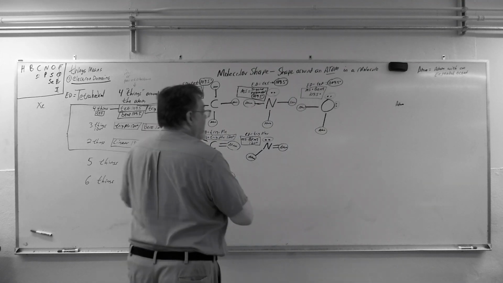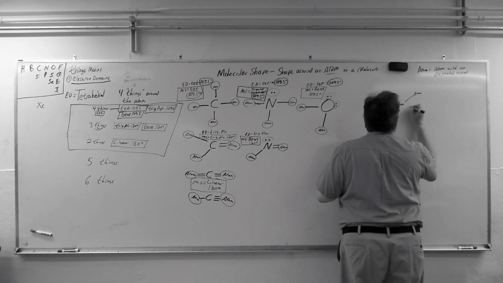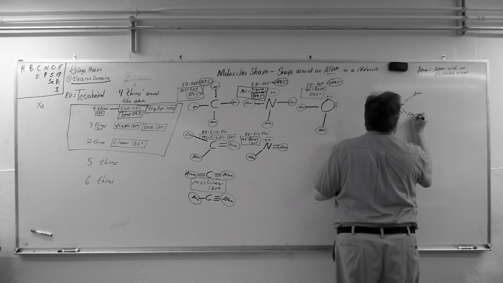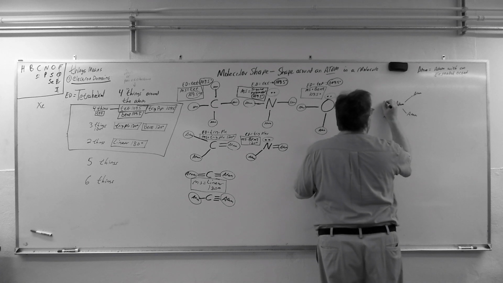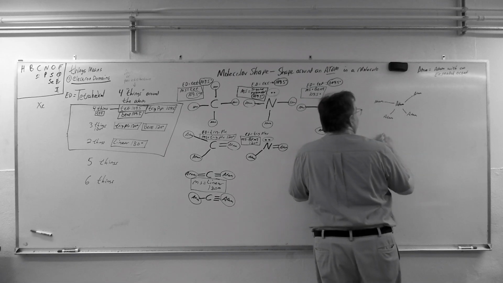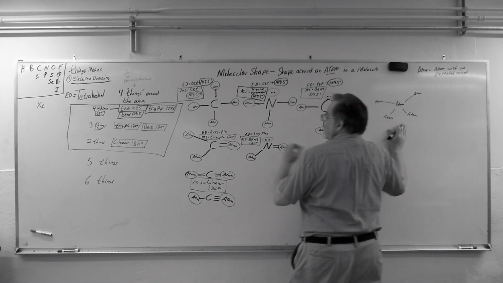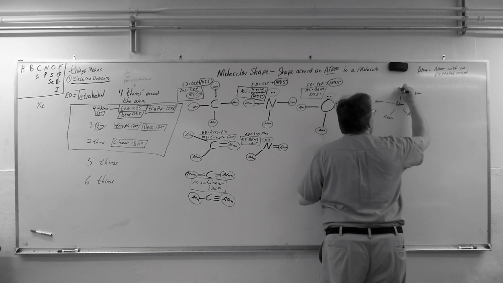And if you were looking at a Lewis structure written on a flat piece of paper, there's 4 things around it. I could have drawn it like that, but there's 4 things around it. Now I'm going to put 5 things around it.